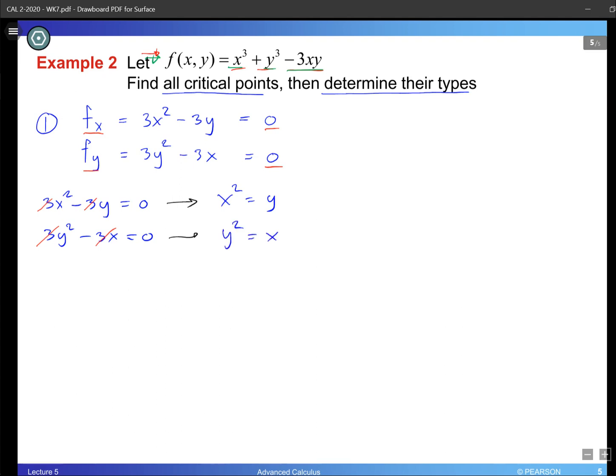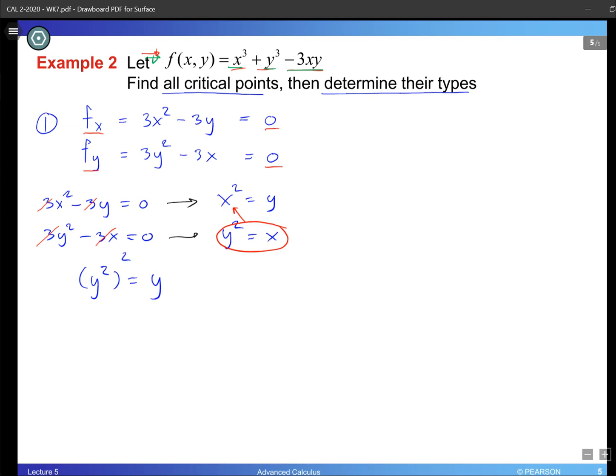So the next thing I'm going to do is put this equation into this x right here, because x equals y squared, right? So the first equation becomes y squared, squared again, equal to y. Alright, what about I do something differently? I like the x variable better.